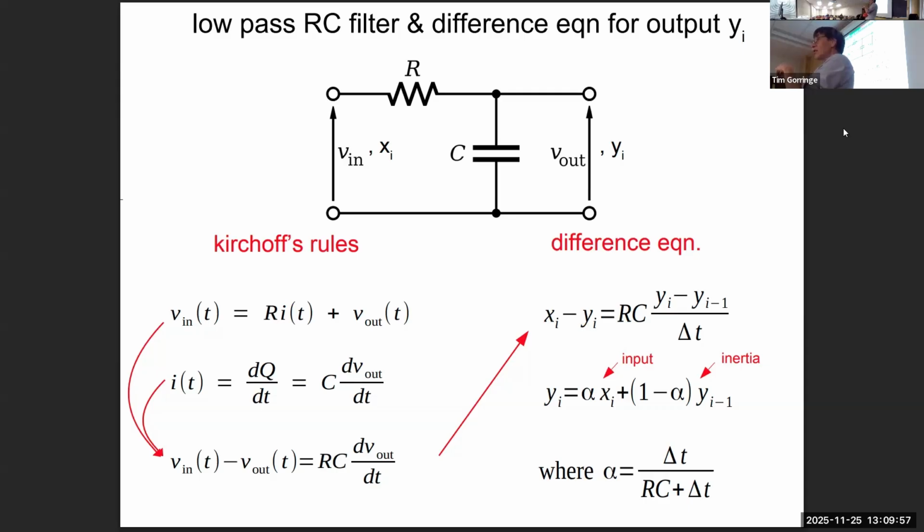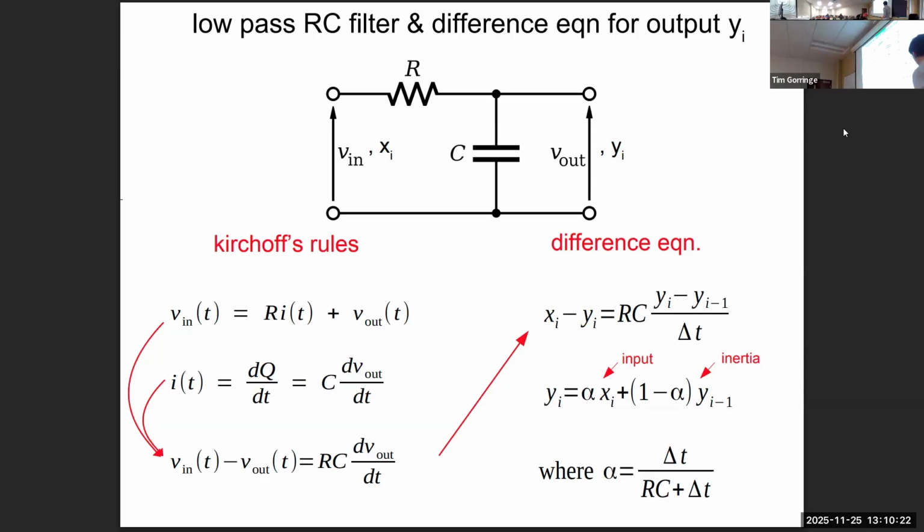So you can see that this is not going to be a convolving filter. If we write it as an equation for yi, it's actually going to be a recursive filter, because if you rearrange that for yi, yi is going to be a function of xi, the current input sample, but also the prior output voltage, yi minus 1.